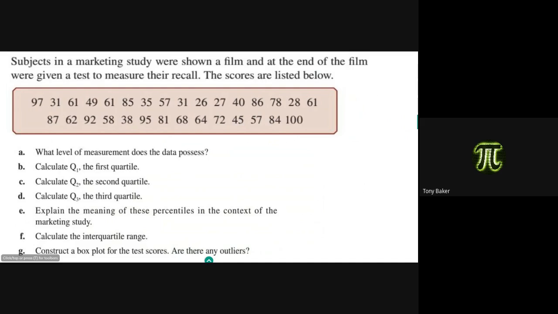I missed numbers. Okay, I've got all the numbers.